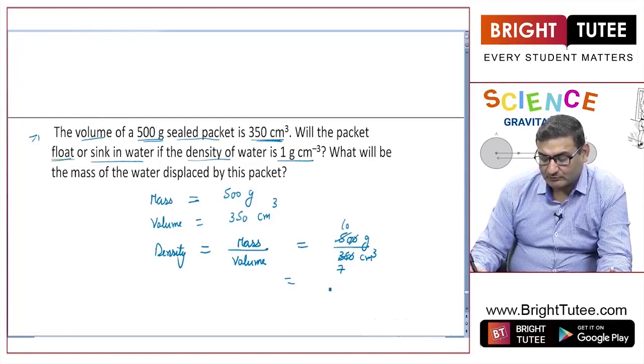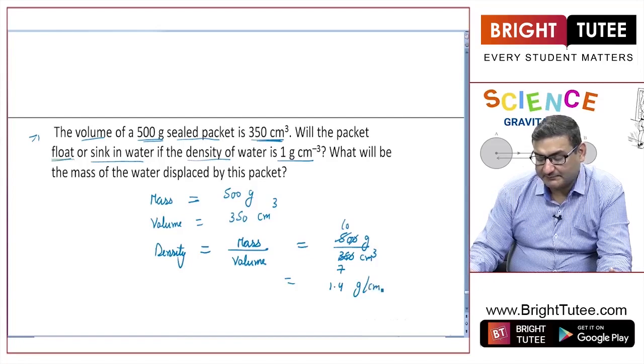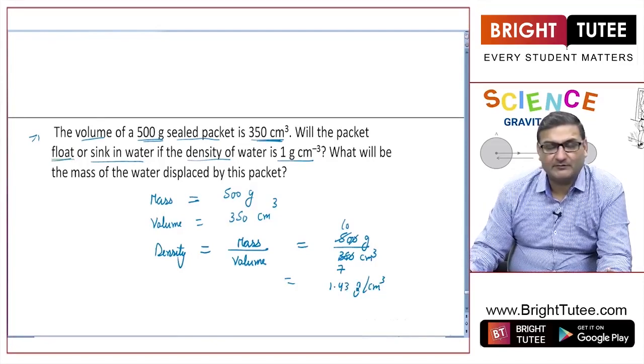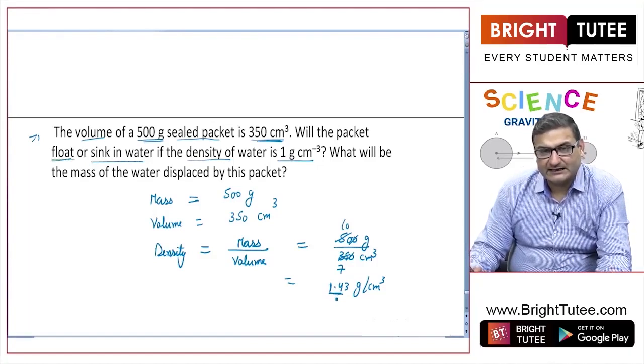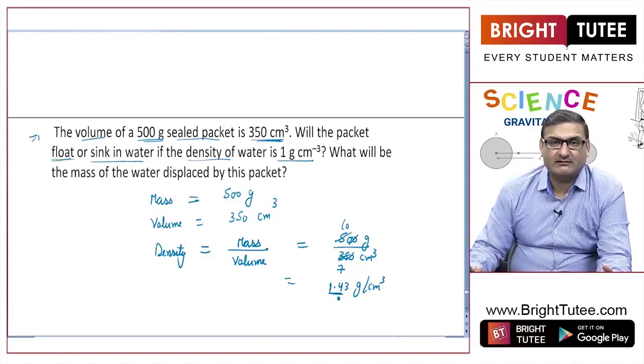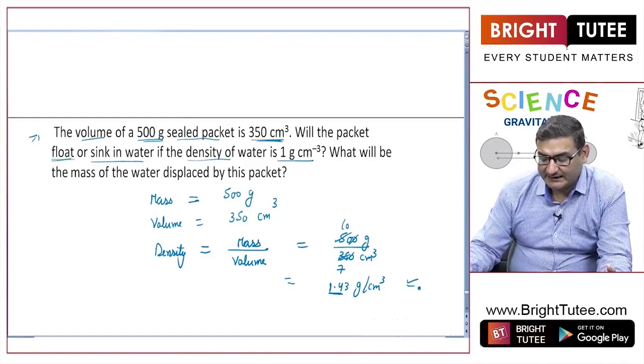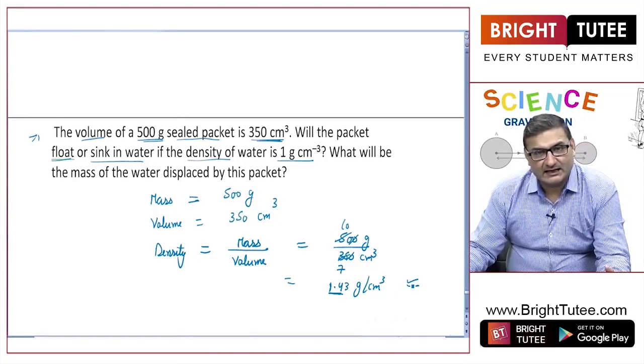So the value comes out to be 1.4 something gram per centimeter cube. It will be approximately 1.426. I will write 1.43. But it doesn't make much difference, because 1.4 is a sufficient value to tell us that the density of this particular substance is greater than that of water. So definitely it is going to sink.